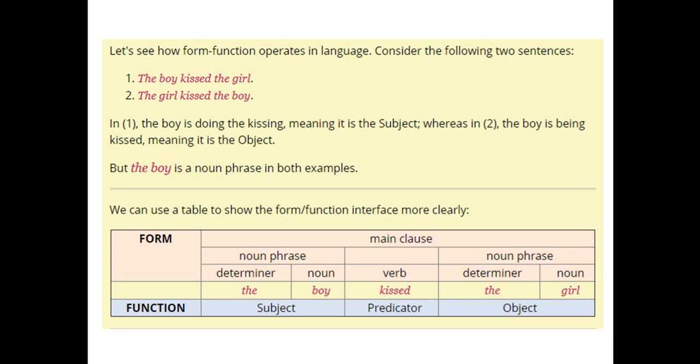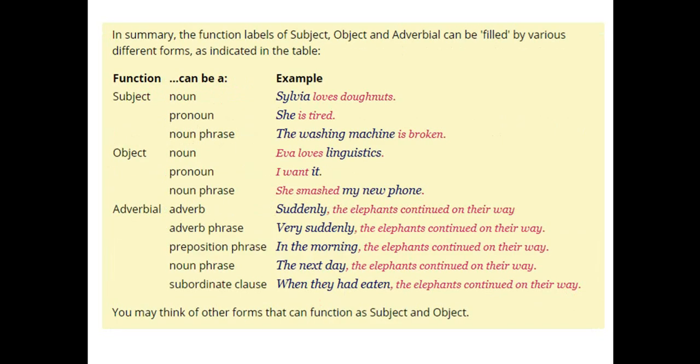And the determiner we have the and the noun boy. Verb, kissed. Determiner the and noun girl. So the function: the boy is the subject, kissed is the predicator, the girl is the object. So this is a simple example of how to identify form and function in language.